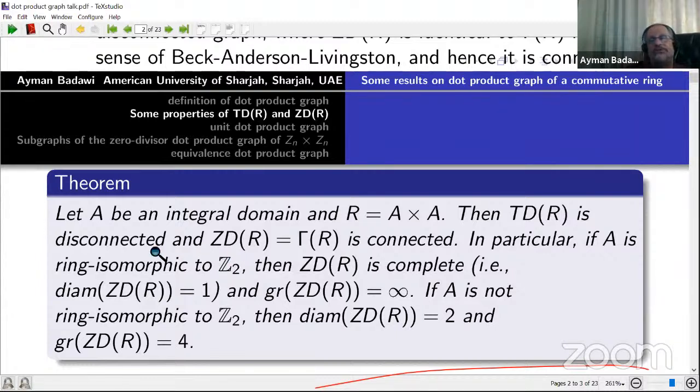Well, maybe I should not say completely, but it's disconnected. And the zero dot product graph will be equal to the classical zero divisor graph, and it is connected.